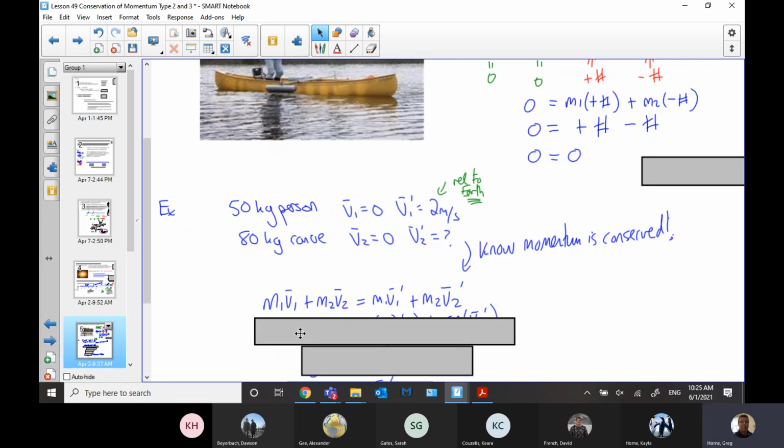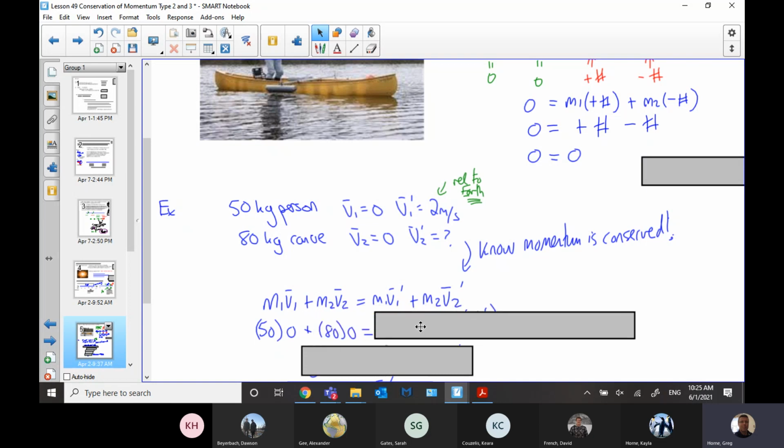So to start with here, of course, we get the masses, M1 and V1 can go in, and M2 and V2 go in. And, as you write all this out, you're probably realizing, why am I bothering? Why don't I just write a 0? I'm writing it because I want to be really clear about what we're doing.